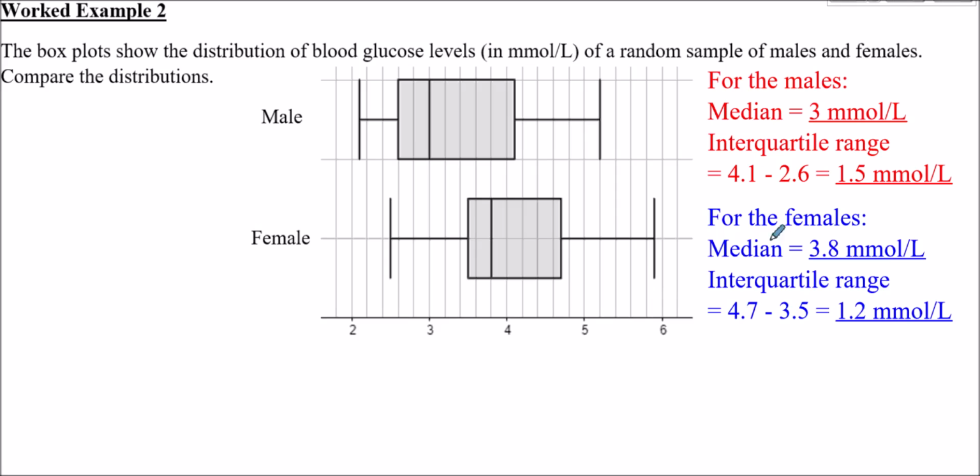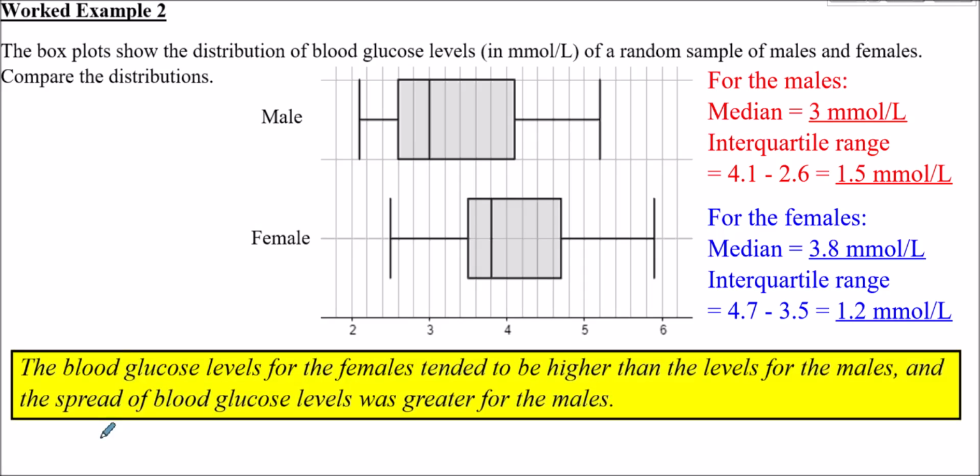Now we've got the medians and interquartile ranges for the males and females. We can now compare the medians for the males and females and the interquartile ranges for the males and females. So you might want to write something along these lines to make a valid comparison of these two measures. The blood glucose levels for the females tended to be higher than for the males. That's just making reference to the median being higher. So you can make a general statement.